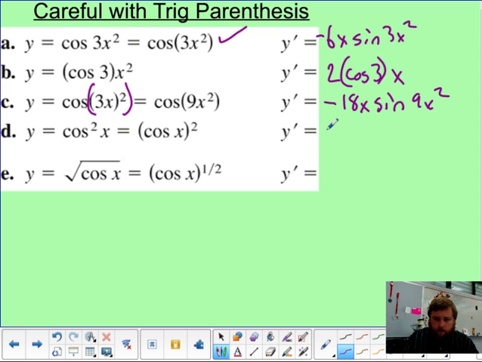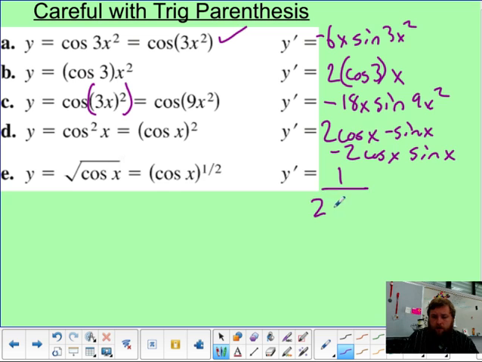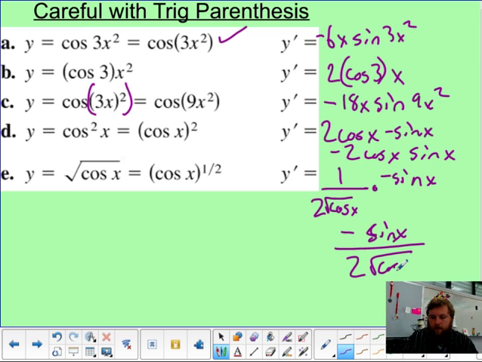The derivative of this one would be 2 cosine of x times negative sine of x, which would be negative 2 cosine of x sine of x. And the derivative of this last one would be 1 over 2 square root of cosine of x, times negative sine of x. And that would combine to negative sine of x over 2 square root of cosine of x.